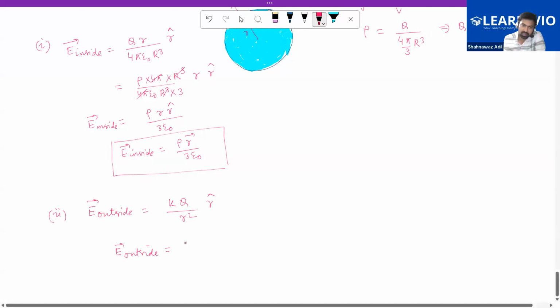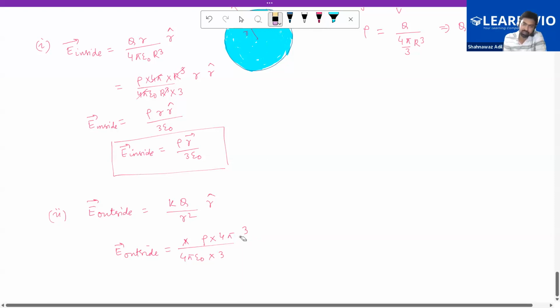This value is again 1 by 4 pi epsilon naught, and Q is rho into 4 pi by 3 R cube.